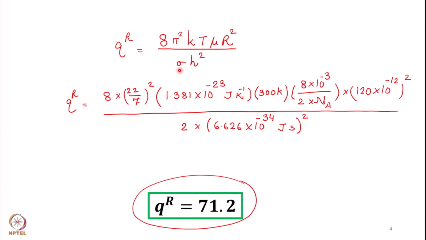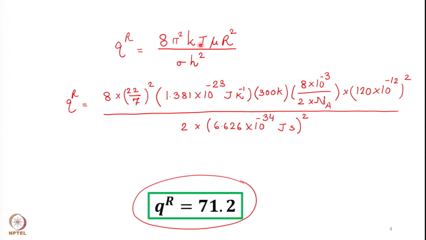The variables in this, if you see, K is constant, pi is constant, and temperature can affect the value of the rotational partition function. So as long as the molecule is fixed, meaning a fixed value of mu, fixed value of R, fixed value of sigma, QR will increase directly as a function of temperature. It makes sense.